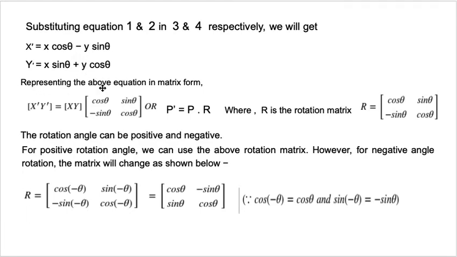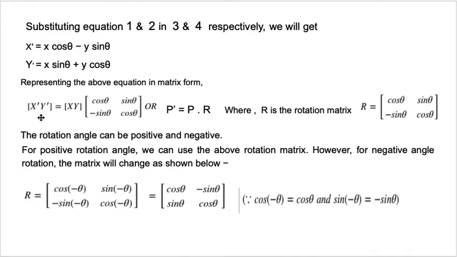Representing the above equations in matrix form, we have [x dash, y dash] equal to the matrix [cos theta, minus sin theta; sin theta, cos theta] times the coordinates [x, y].